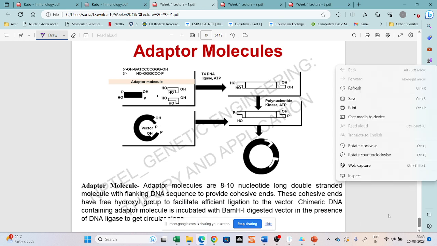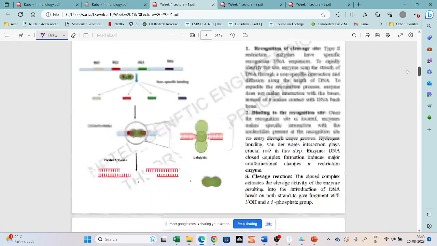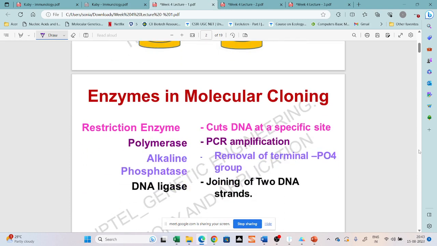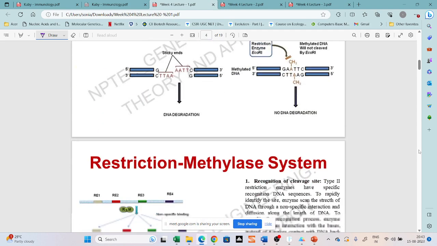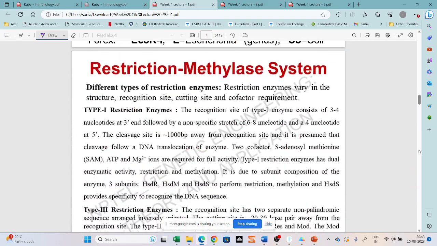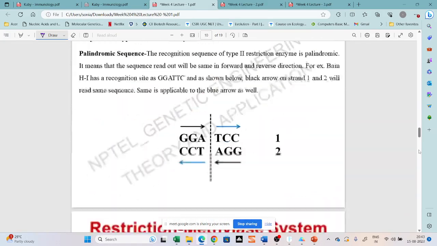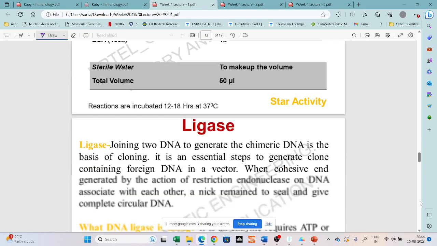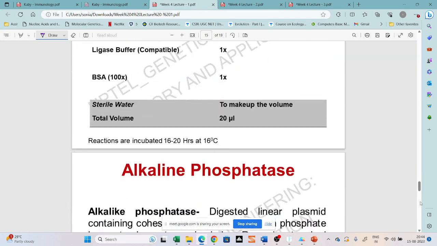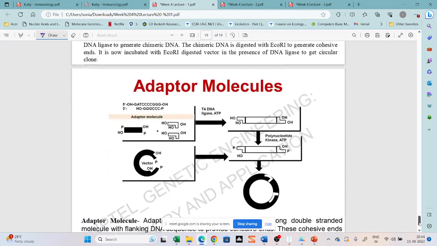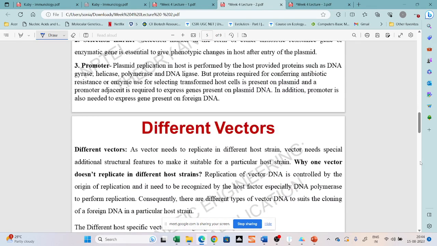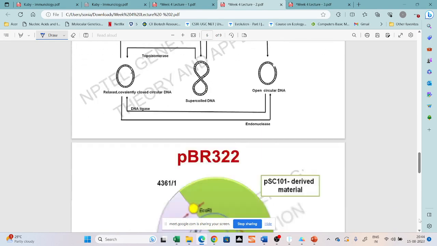Any topic that you want me to explain again from the lectures? I'll just go through the lectures. Enzymes in molecular cloning, restriction methylase system, setting up restriction reactions we have already studied, ligase, phosphatase, linker and adapters also we have discussed. Then we have discussed the criteria of a good vector, components, the different vectors.